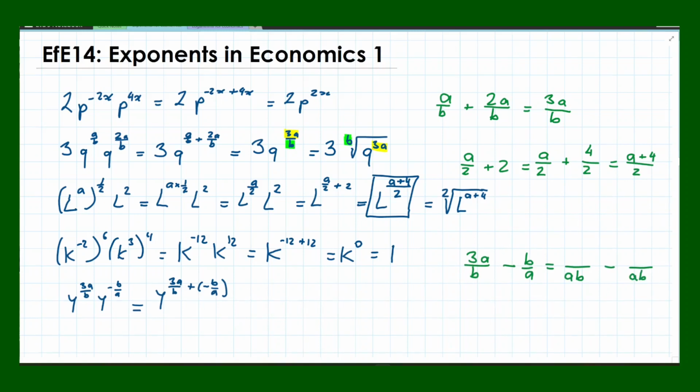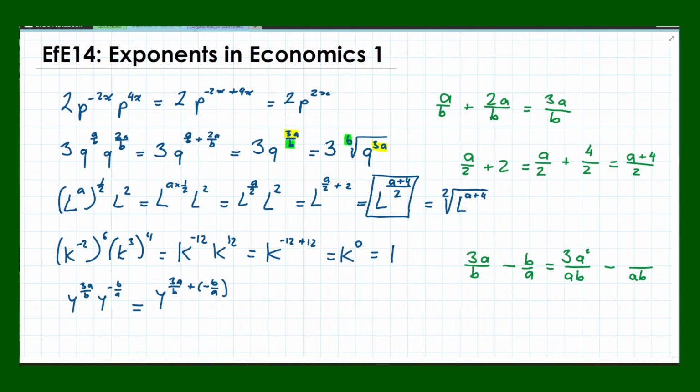From the first fraction, the 3a over b, from the denominator I'm missing an a multiplier, so I need to multiply the numerator by a as well. So 3a times a is going to be 3a squared, because remember, when you multiply the same thing by itself twice, that's the definition of the squared.